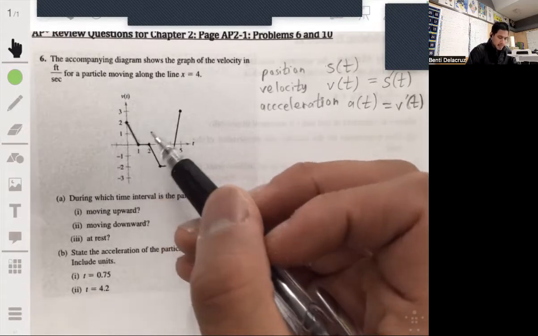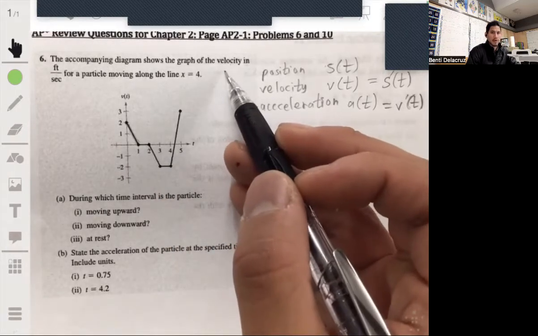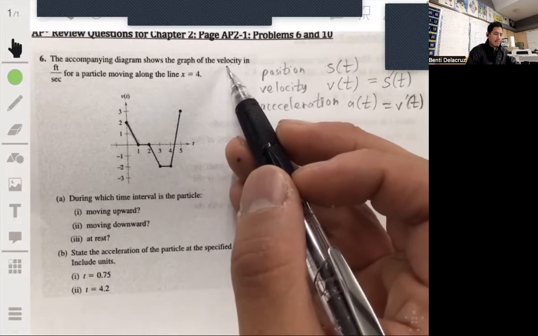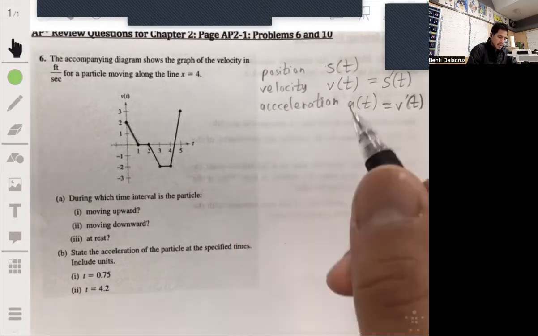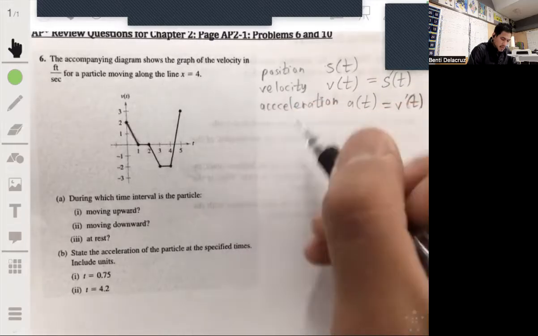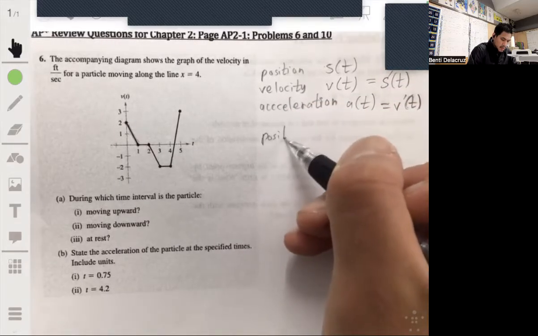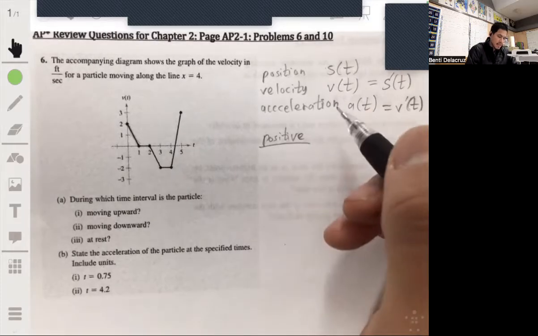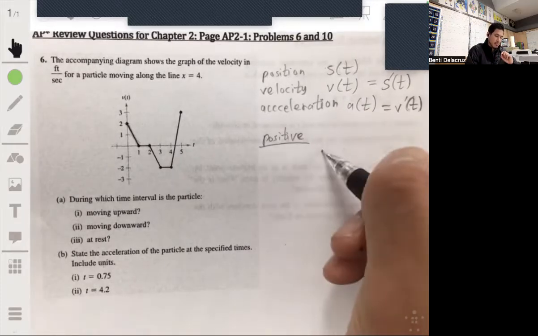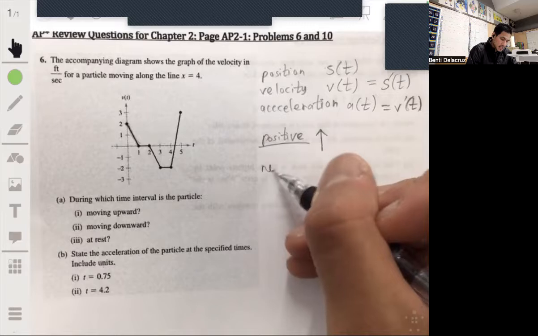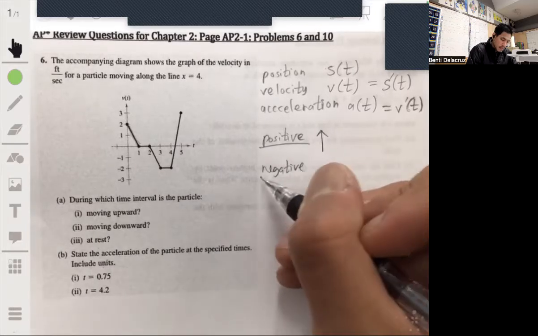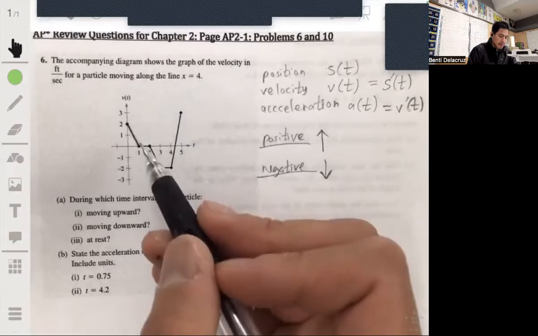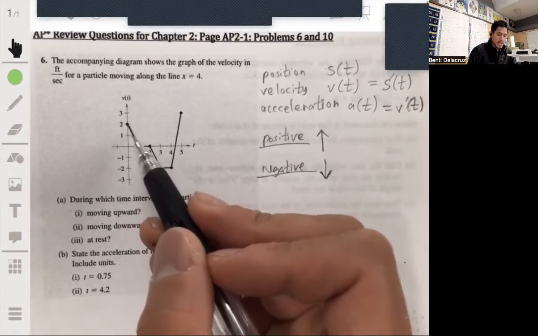Remember, velocity tells you the speed and direction of a particle. So when velocity is positive, that means that the particle will be moving upward. When it's negative, the particle is moving downward. So that's all we care about. We don't care about the value or the slope of the line.